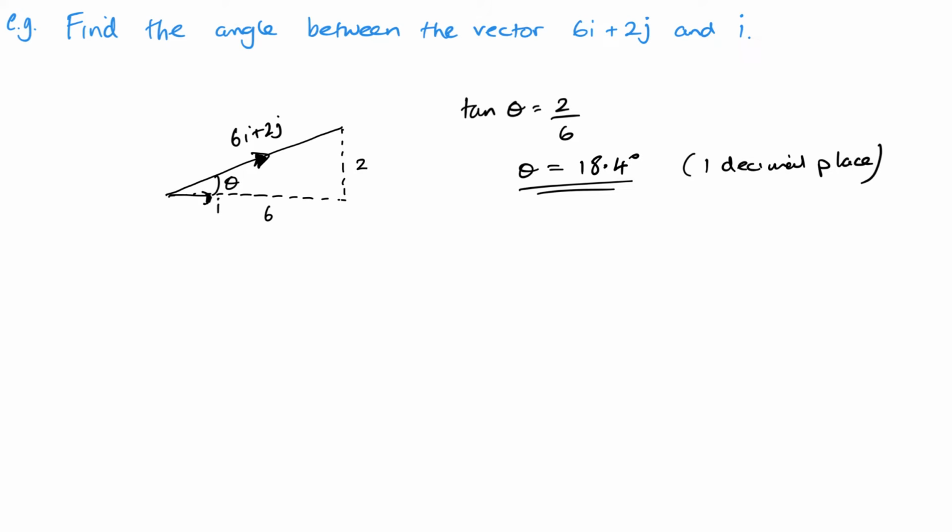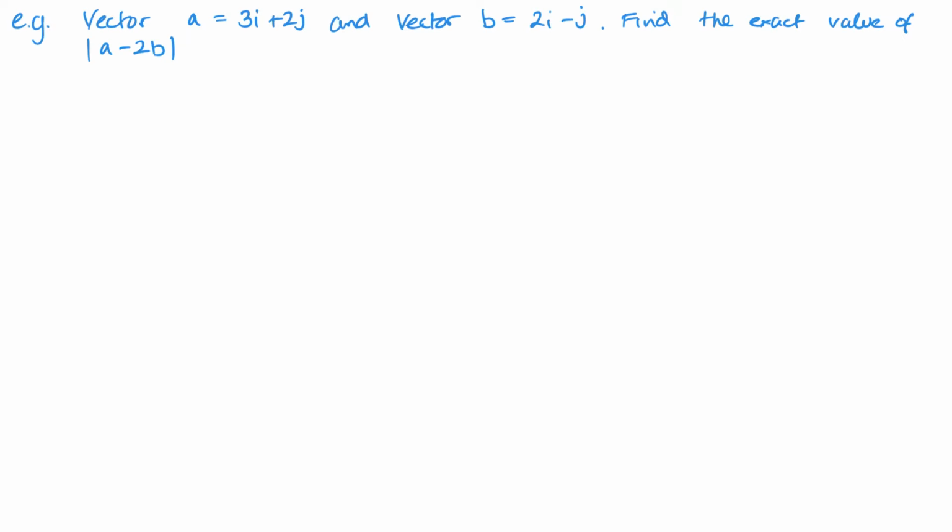Now, next example here, we've got vector A and vector B. Find the exact value of the modulus of A minus 2B. So we've got A minus 2B, and we want to find that as a single vector first. So that's (3, 2) minus 2 lots of (2, minus 1).